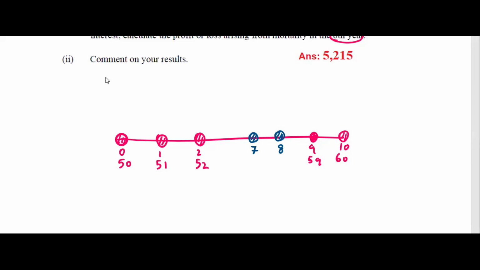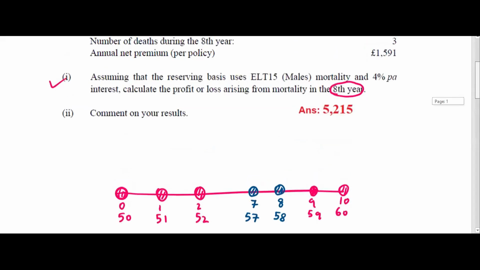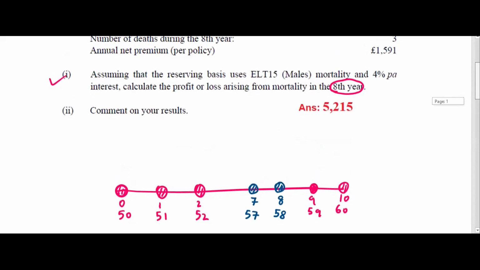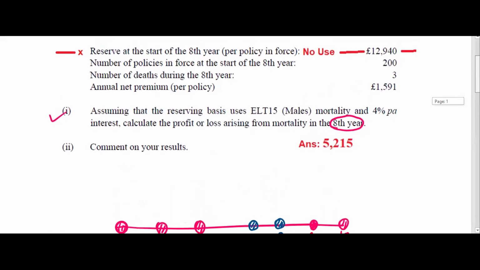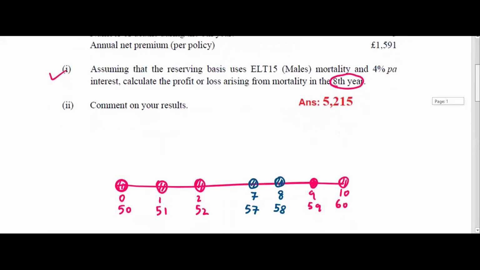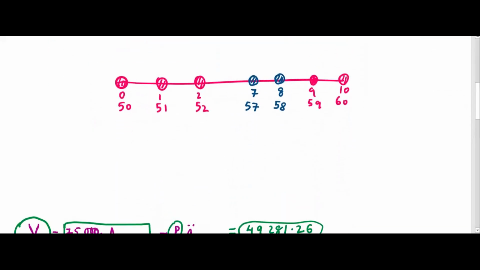We need this one as well. And you see the basis. Okay, 4% per annum. This is the mortality given. All right. So it's normal. No bracket is here. You need to find mortality profit here.